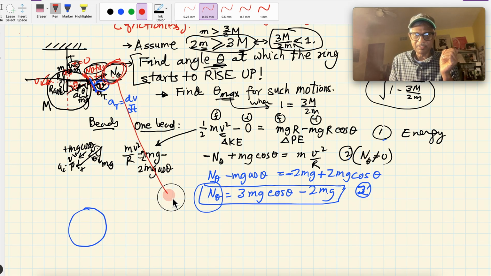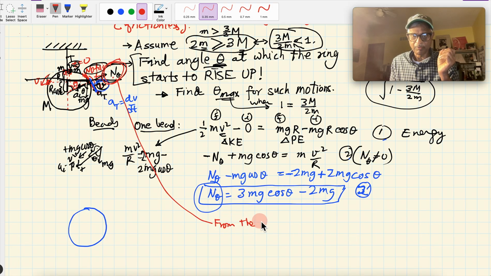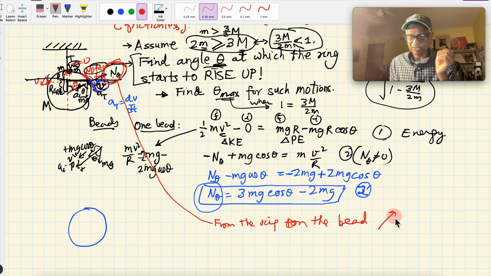Let's write that down: this is from the ring on the bead. So it's pointed outward like that from the center of the ring. This is the center of the ring.